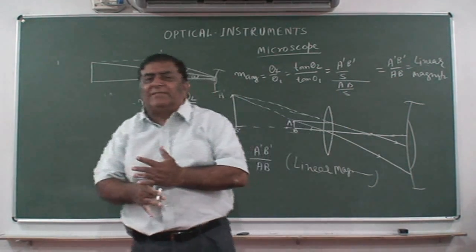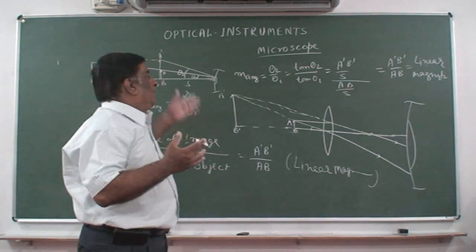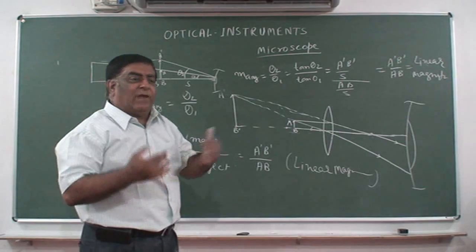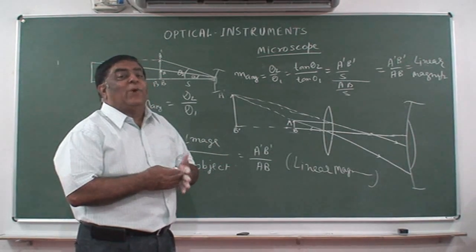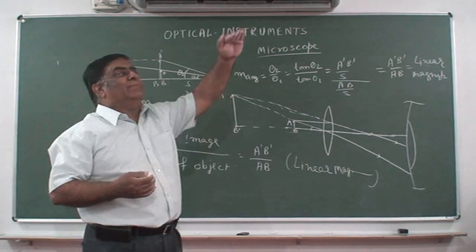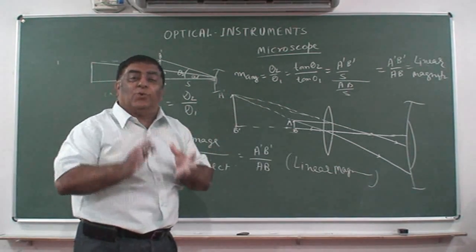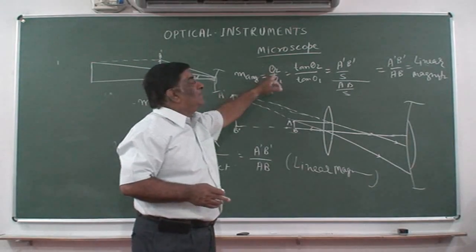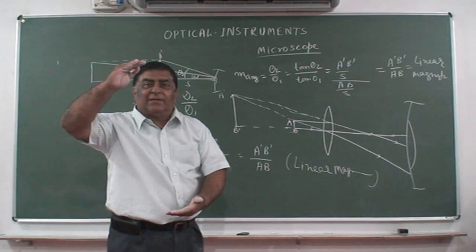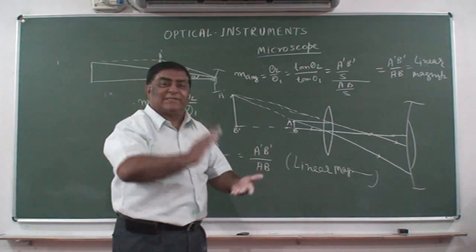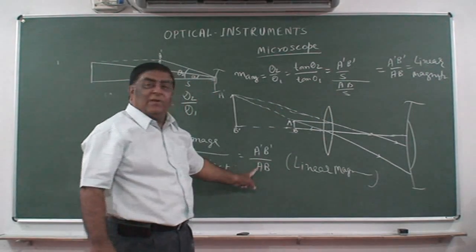What is the purpose of doing this? The purpose of doing this is that when we do our calculations in practice, sometimes it is convenient to have the data, angle made by the image divided by angle made by the object. This is known to us. We use this formula. If we are able to know the size of object and the size of image, we use this formula, linear magnification.